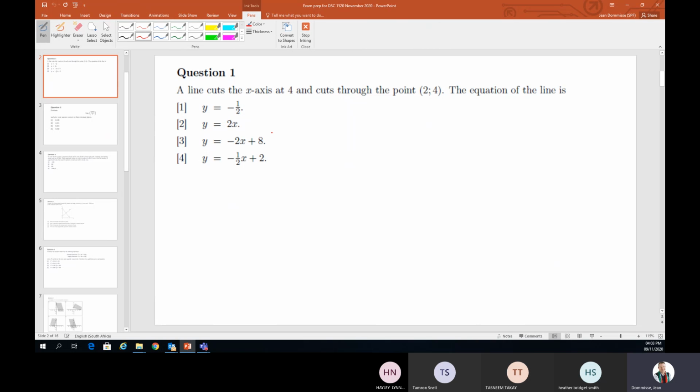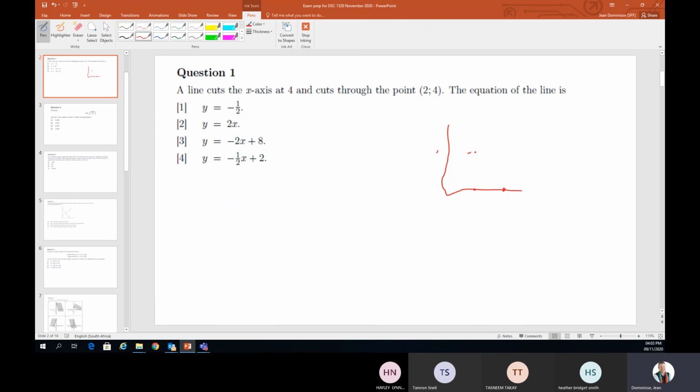So the first question was nearly a maths question. A line cuts the x-axis at 4 and cuts through the point 2 and 4. What is the equation of this line? Okay, so what I did is I was thinking, it cuts the x-axis at 4 and then it cuts through a point 2 and 4.